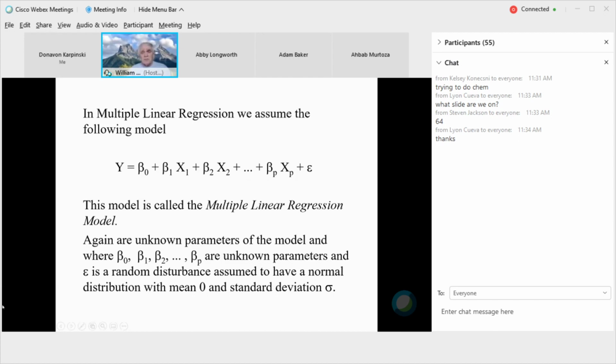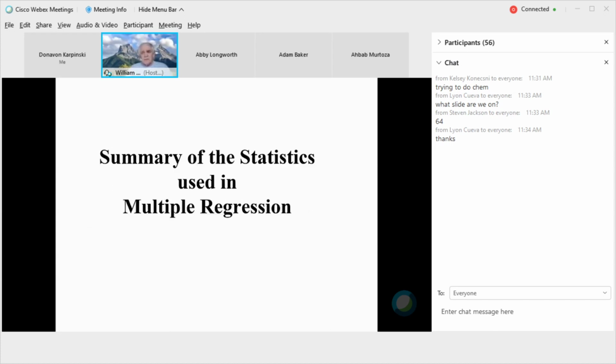The random term epsilon is just modeling the departures from that perfect model, possibly due to other factors. It's assumed to have a normal distribution with mean 0 and standard deviation sigma. If sigma is larger, the random departures are larger.